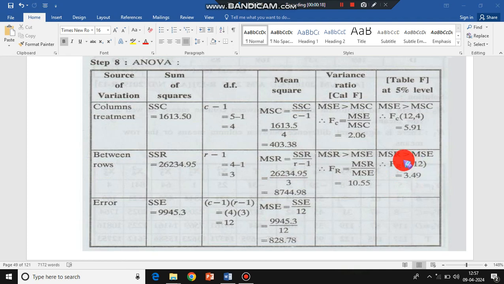Now what about the table value of F row wise? The table value of F row wise is 3.49. So what you understand here is that 10.55 is greater than 3.49. It means the calculated value of F is greater than the table value of F.